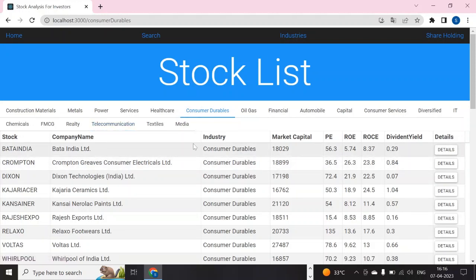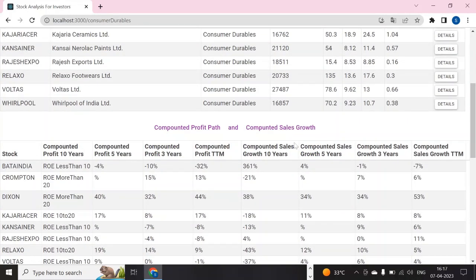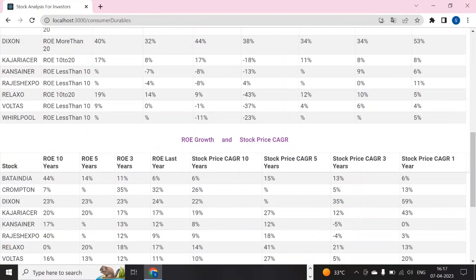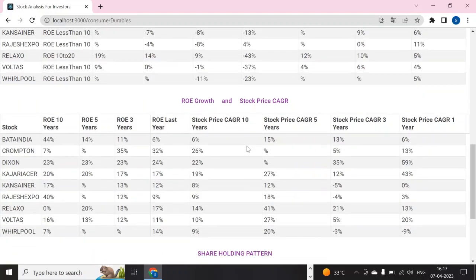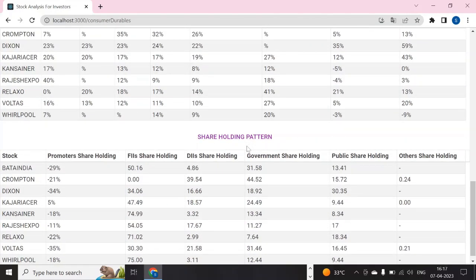The first table contains the different measurements: market capital, PE, ROE, ROCE, dividend yield. The second table contains compounded profit and compounded sales growth. The third one is ROE growth and stock price CAGR. And the last one is the shareholding patterns of the stocks coming under this industry.